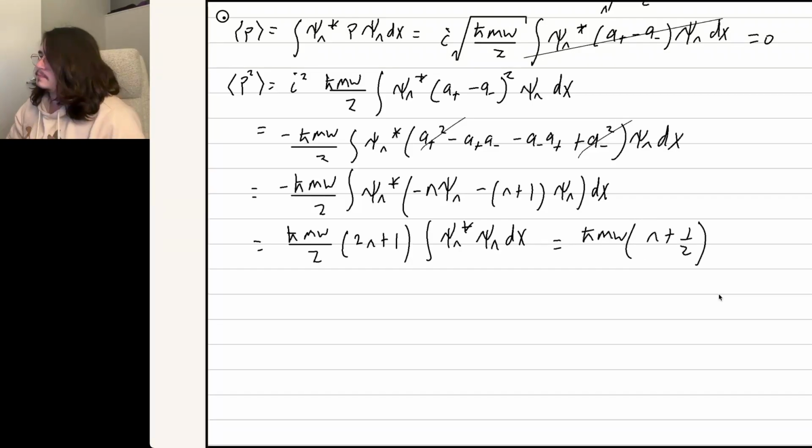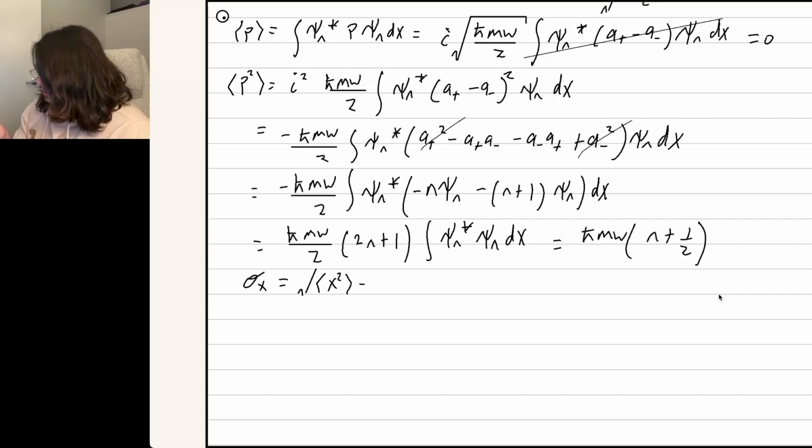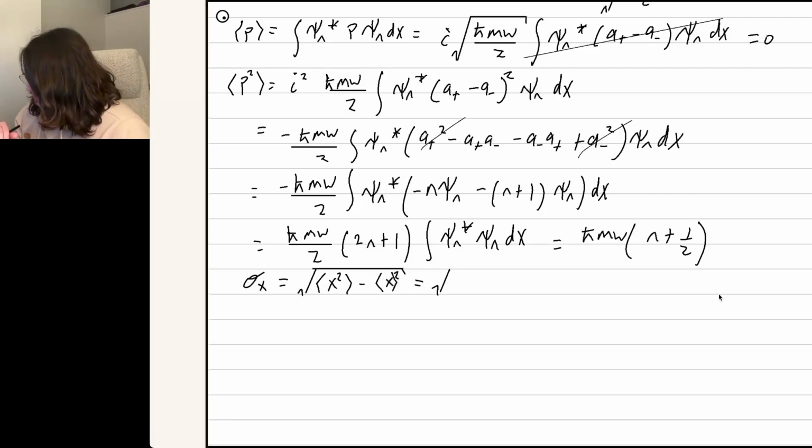All right. That's p squared. We can go ahead and look at the uncertainty relationship now. So sigma x is going to be the square root of the expectation of x squared minus the expectation of x, squared. And those are both numbers that we know.